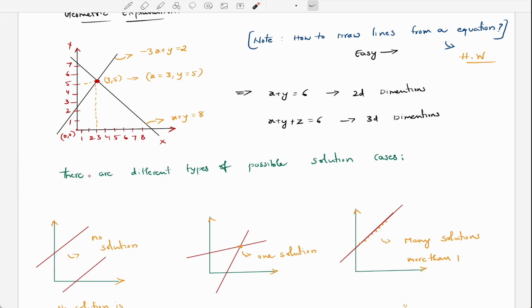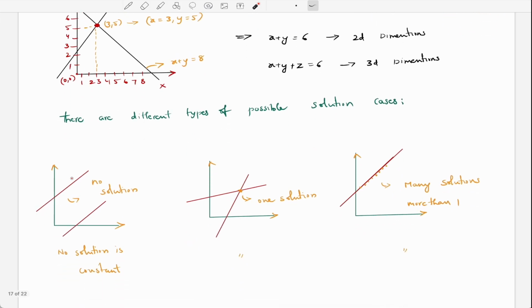After that, there are different types of possible solution cases. There are three kinds of possible solutions. If the two linear equations are not intersecting, like they are going in different directions, one going like this and another going like this, we don't find any relationship, and we don't find any intersection over here.